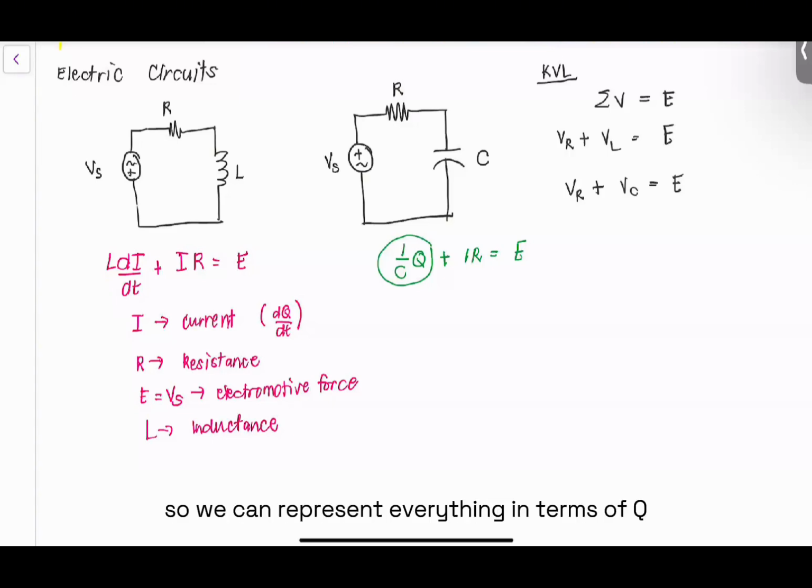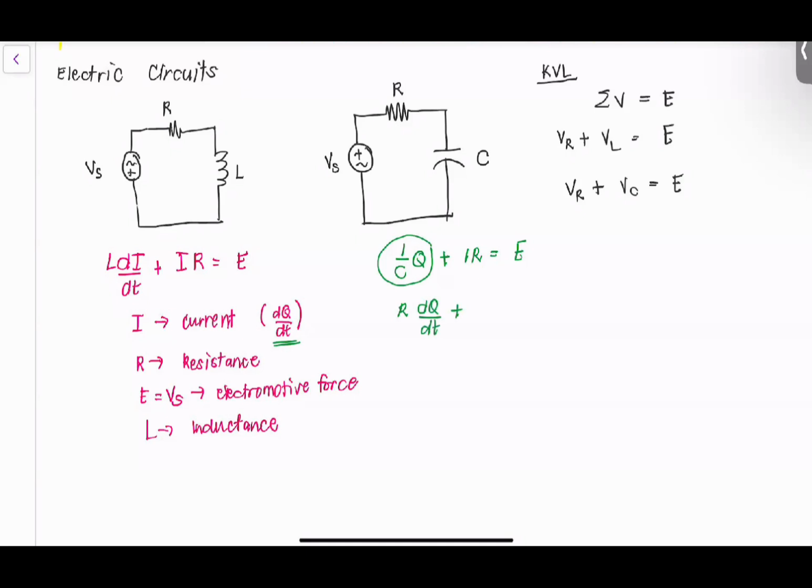So we can represent everything in terms of Q. Taking note that the current is dq over dt, we can have it as R dq over dt plus 1 over C Q equal to E.